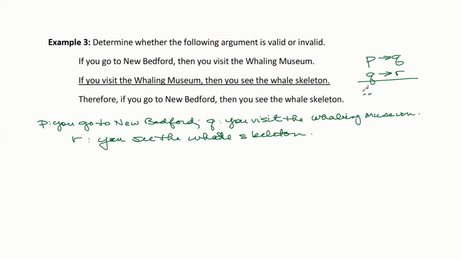If you go to New Bedford, so if P, then you see the whale skeleton, then R. If we look at our sheet of standard arguments, both valid and invalid, we see that this is the law of syllogism. So we need to say valid, law of syllogism.